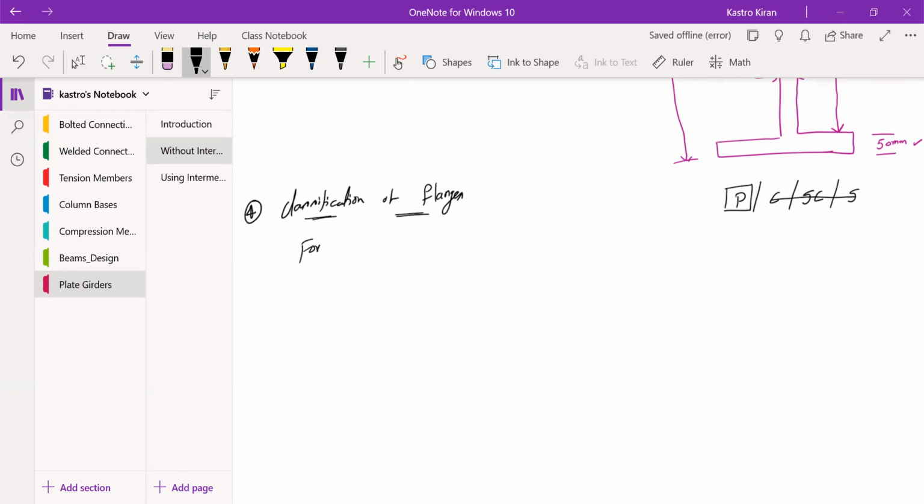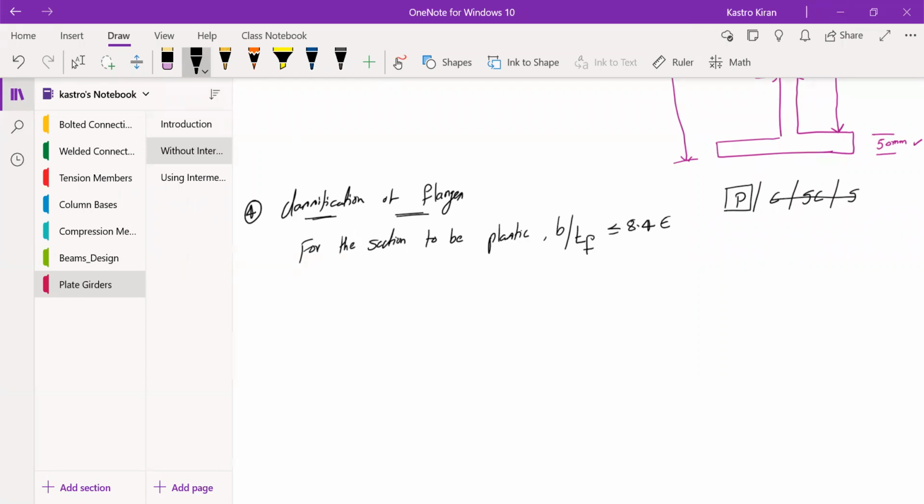So for the section to be a plastic section, b by tf should be less than or equal to 8.4 epsilon. This is the fixed condition. So for a plastic section, the value of b by tf should be less than or equal to 8.4 epsilon.